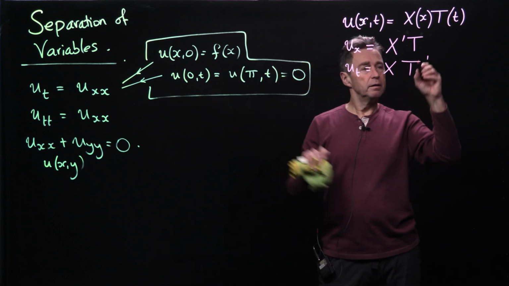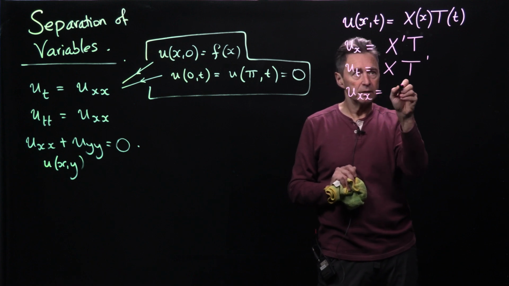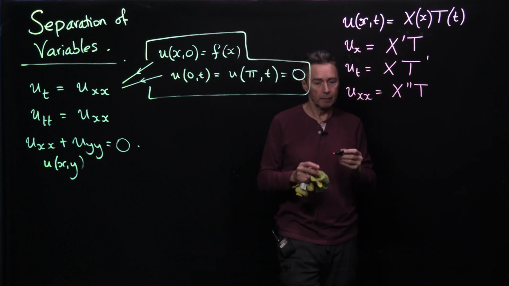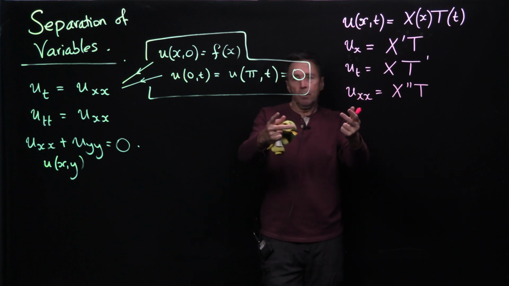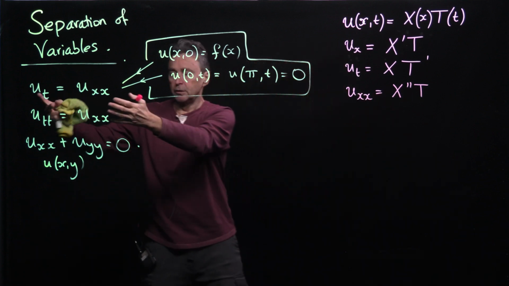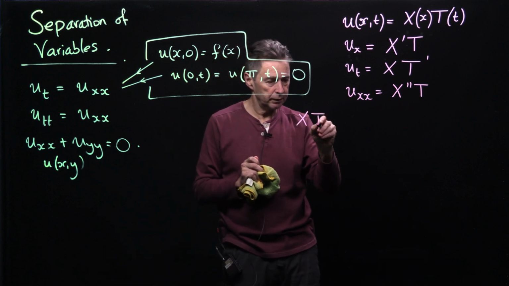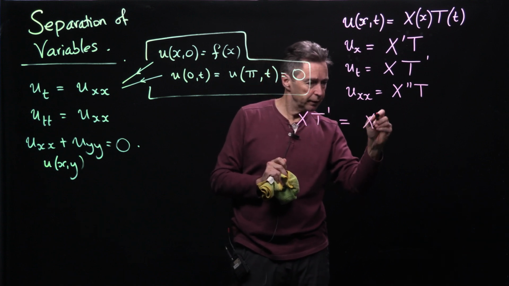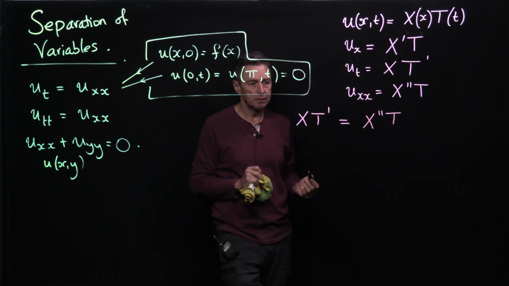And then in the PDE, I just need the second x derivative, so we end up with X prime prime times T. That's separating the variables. I can feed these into the PDE, and I will get X T prime, that's u t, equal to X prime prime T, that's u xx.